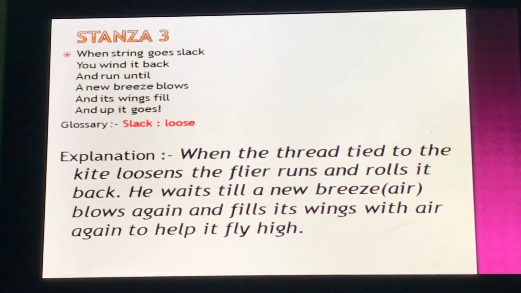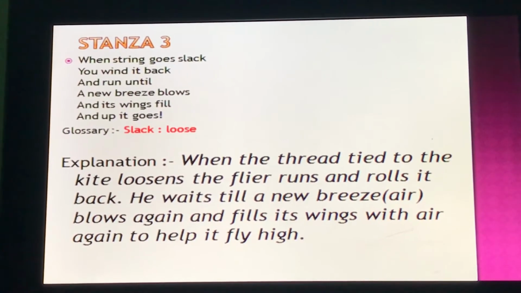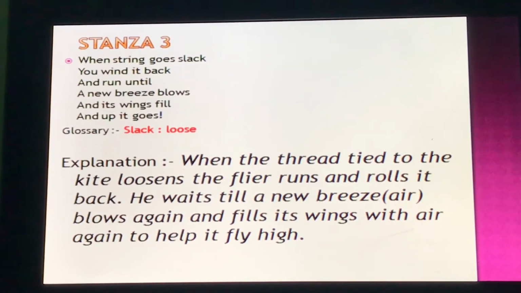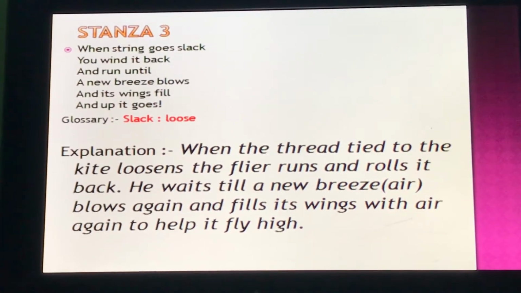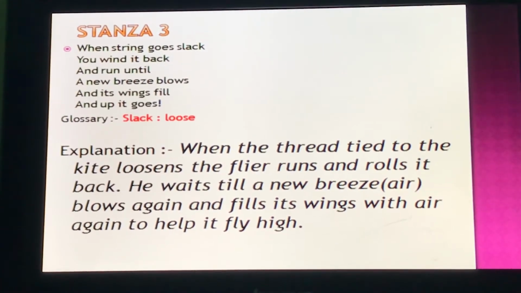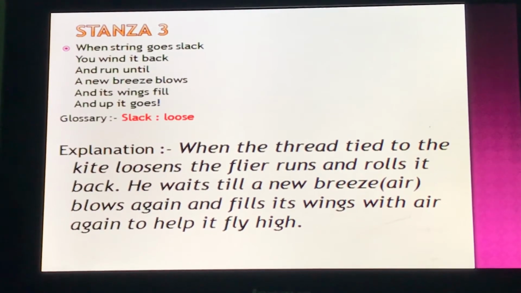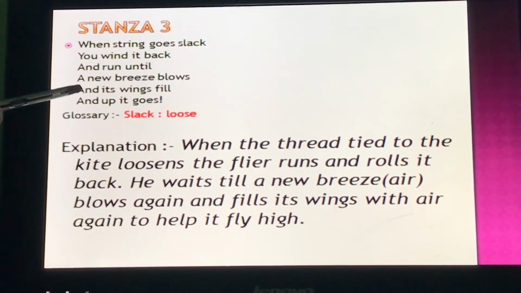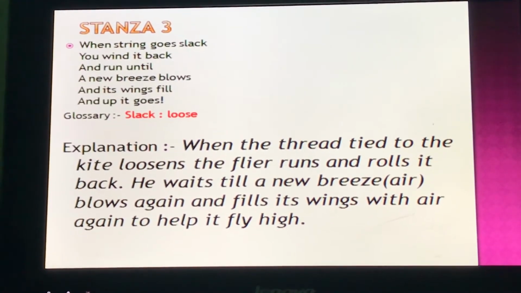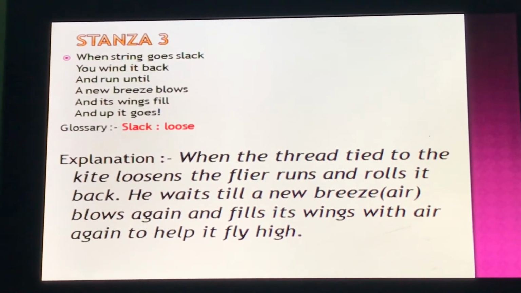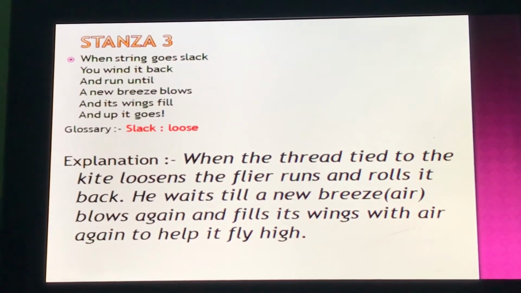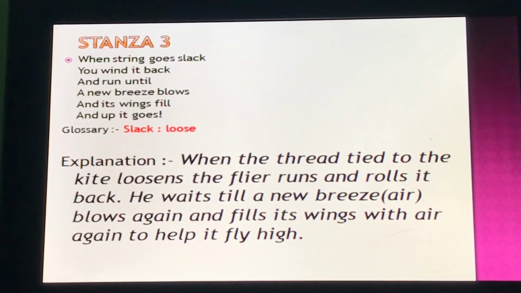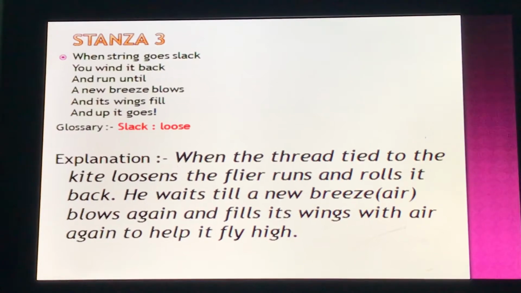When strings go slack, you wind it back and run until a new breeze blows and its wings fill and up it goes. Here in the glossary, slack stands for loose, and "you" is used repeatedly, so here the figure of speech anaphora is used. When the thread tied to the kite loosens, the flyer runs and rolls it back.